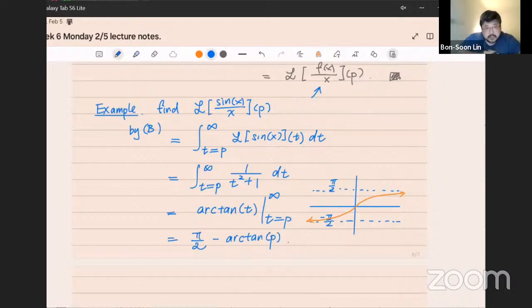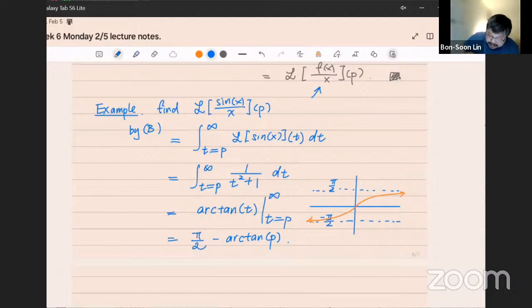So there we go. This is the Laplace transform of sine x over x. Now sine x over x near 0, the limit goes to 1, so it's actually well behaved. It is of exponential order, and between 0 and infinity it is piecewise continuous. It's continuous, so its Laplace transform exists. It is this function, pi over 2 minus arctangent of p.